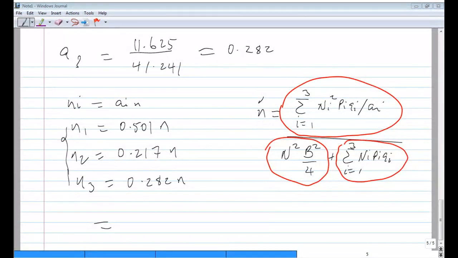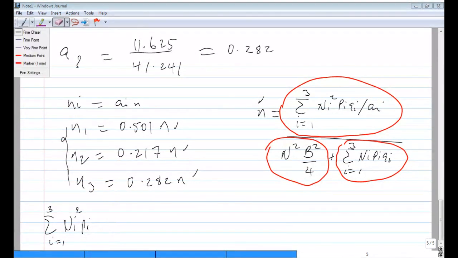So now we just want to find the overall sample size, so that you can substitute here. Then later you can find the sample sizes for each stratum, stratum 1, 2, and 3. But now I want you to find this summation of i ranging from 1 up to 3 of Ni squared pi qi divided by ai.